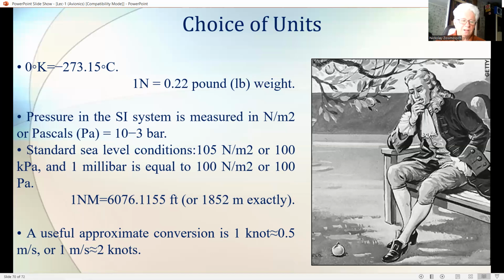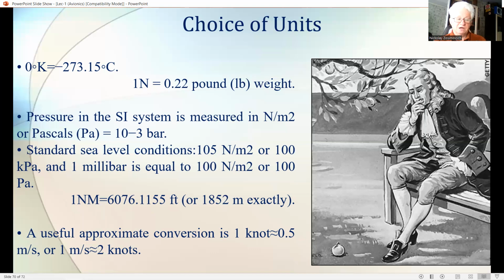1 nautical mile equals 6,076.1155 feet, or 1,852 meters exactly. The conversion from knots to meters per second is given by 1 knot equals 0.5144 meters per second.